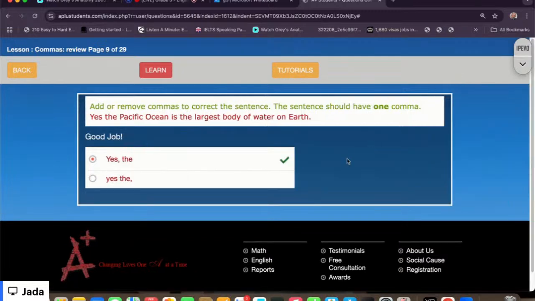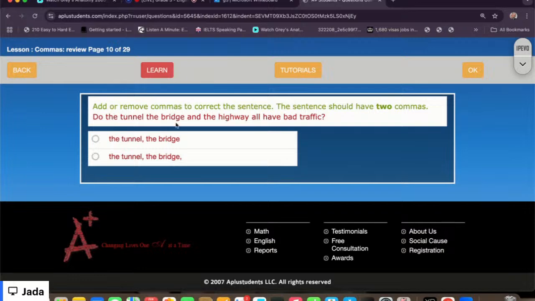All right, so we also have, "Do the tunnel, the bridge, and the highway all have bad traffic?"